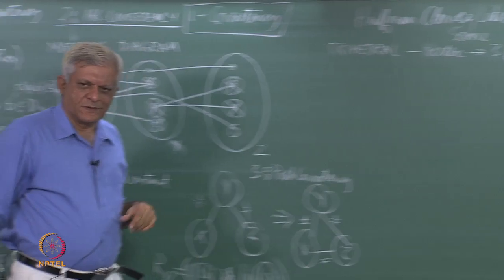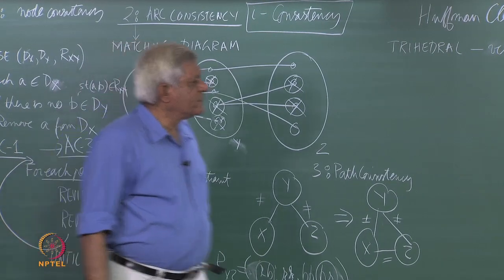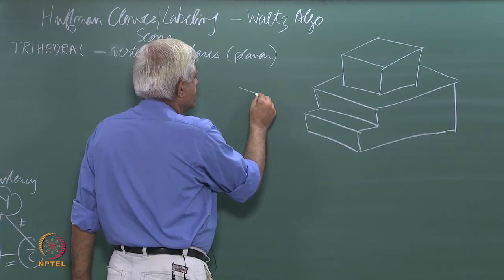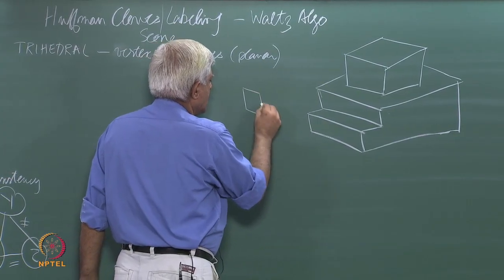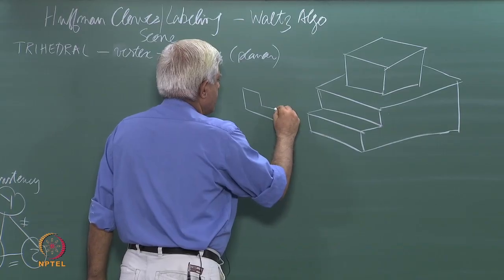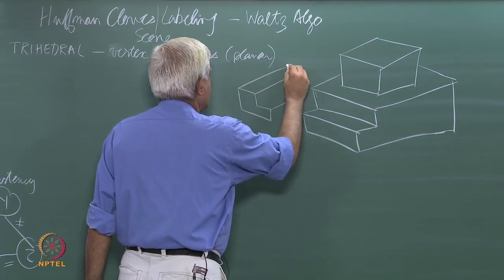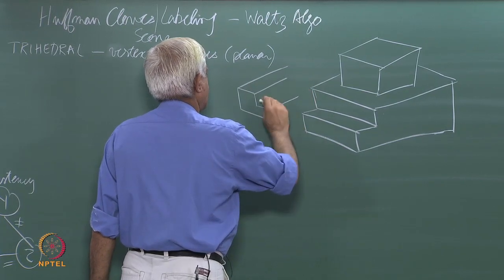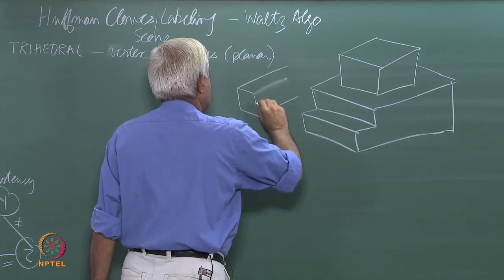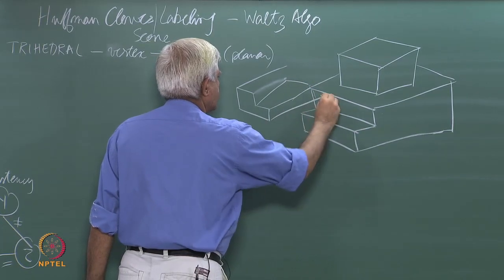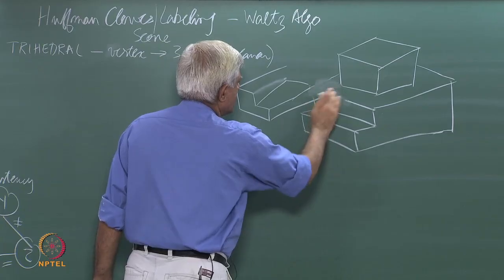Such objects are called trihedral objects, and certain objects, for example, if I were to draw something like this, if you can imagine this, it is overlapping with this. So, let me rub off that a bit.